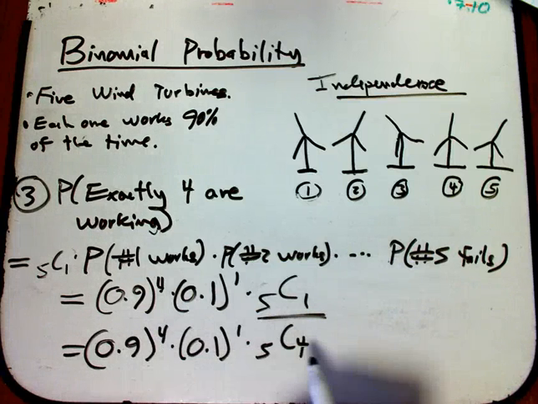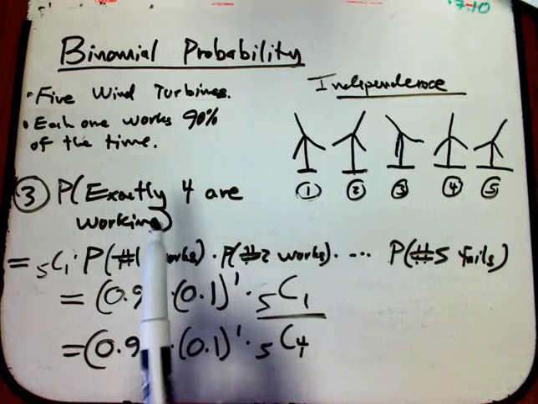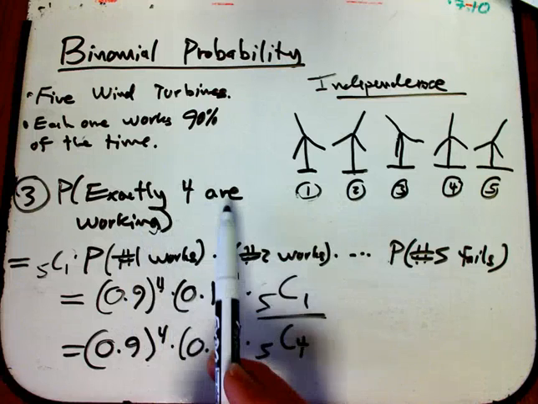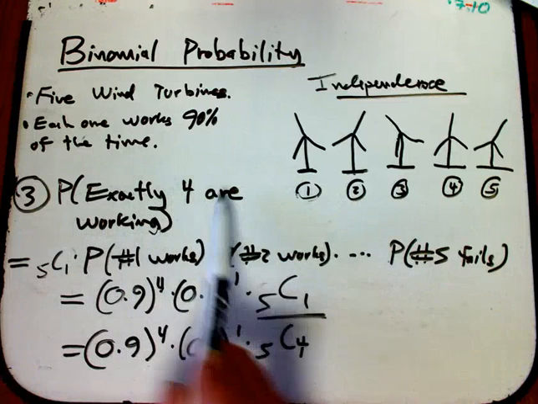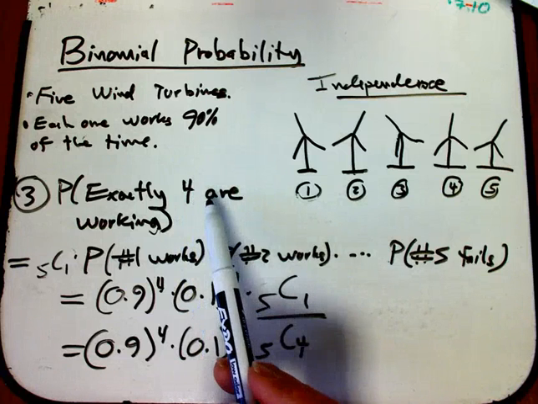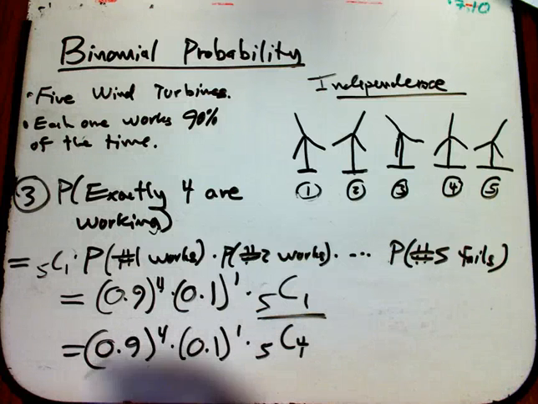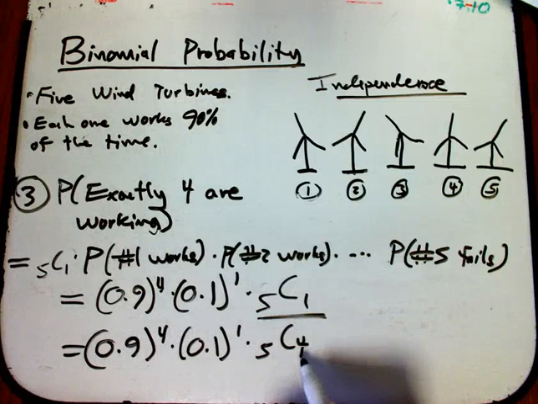And this is the right answer for this kind of question, where I didn't care which one specifically wasn't working or which ones were working. I just care about the total number that are working, or equivalently the number, in this case 1, that are failing.